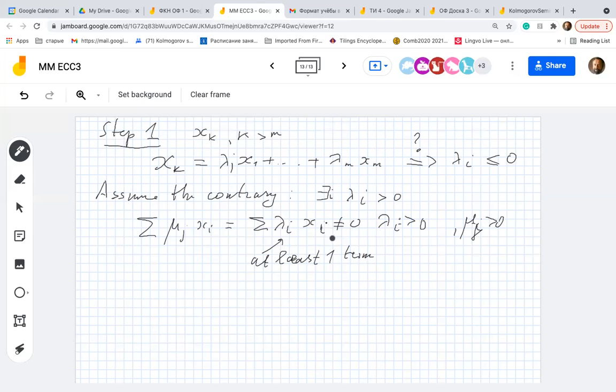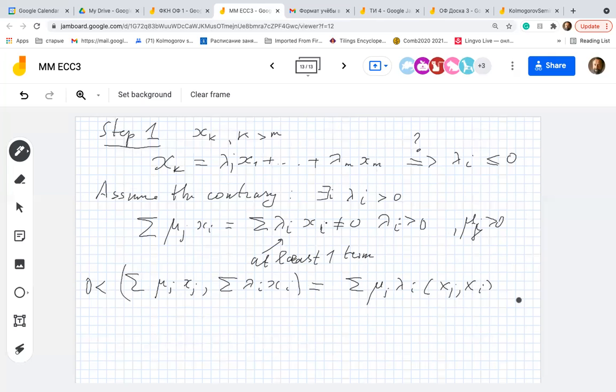And they are linearly independent. So any such non-trivial combination is non-zero. So when we take the product of the left-hand side and the right-hand side, we obtain a strictly positive value because this is the inner square of a non-zero vector. And now we again use linearity. We obtain the sum of mu j lambda i times xj xi.